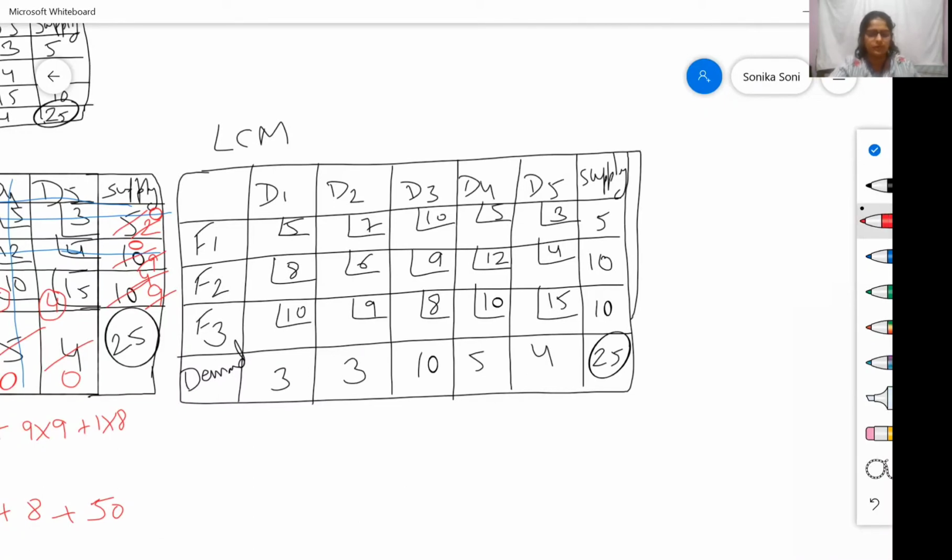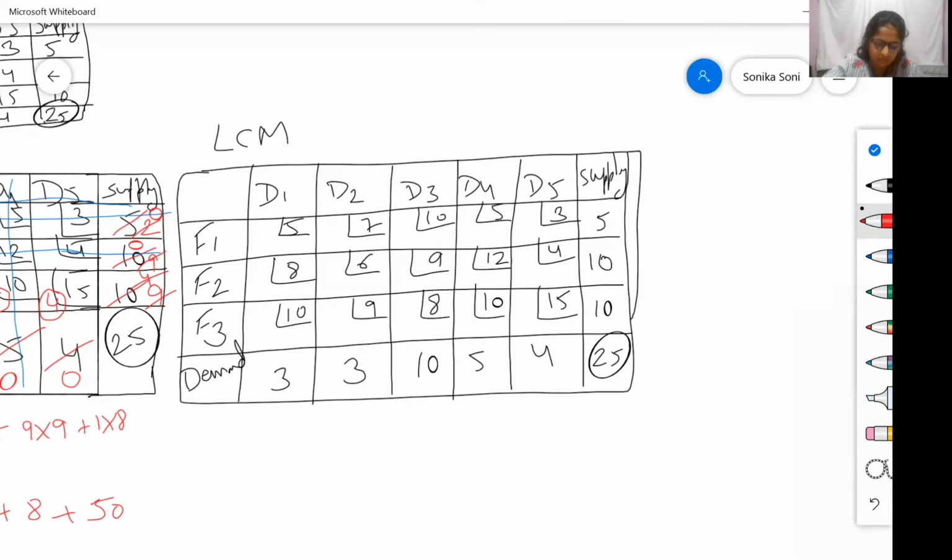Now we will solve this with the LCM method. LCM means least cost method, where we see the least cost in the cost matrix and we start allocating from there. So which is the least cost here? We have 3 as the least cost.